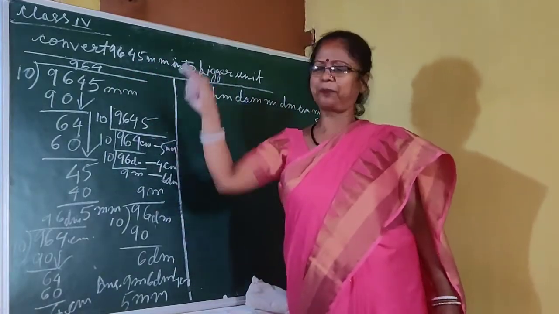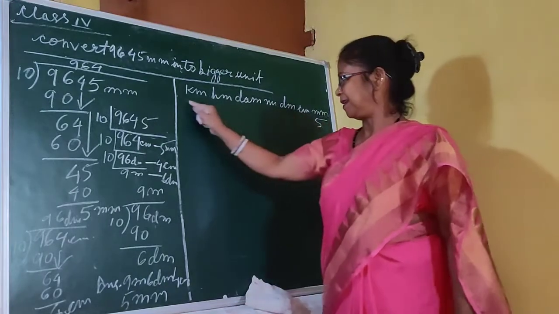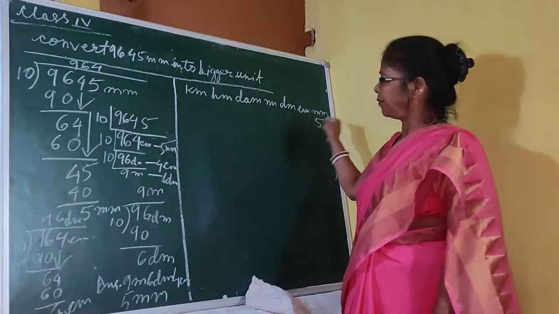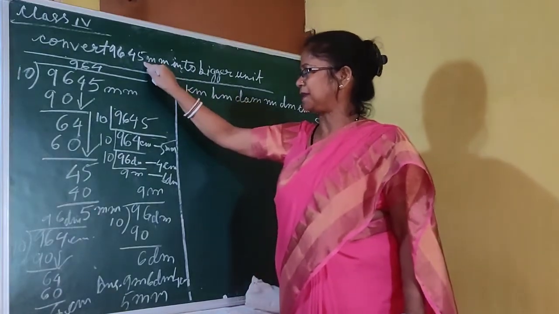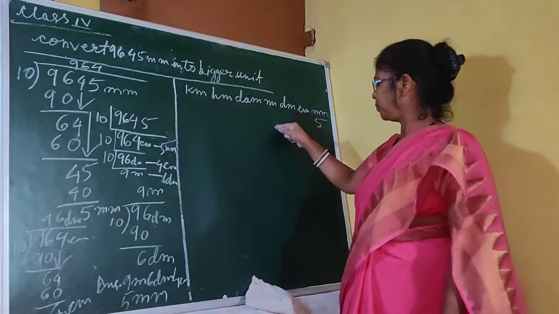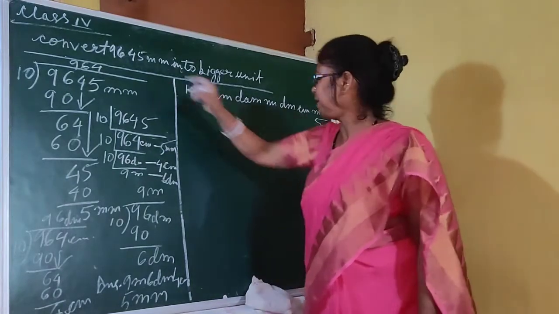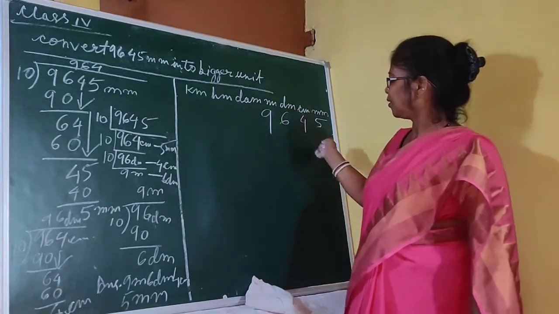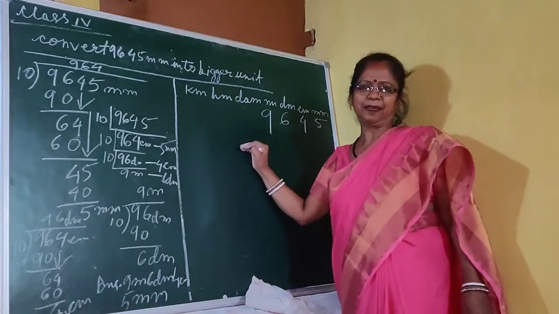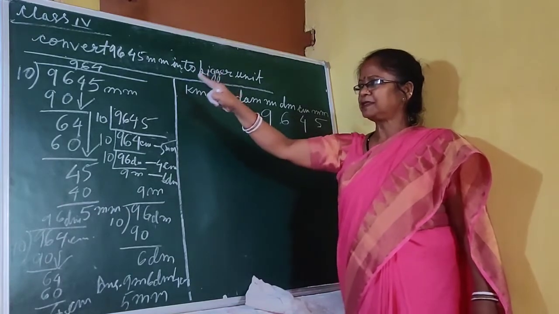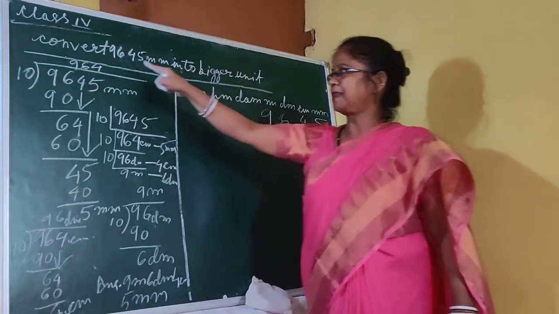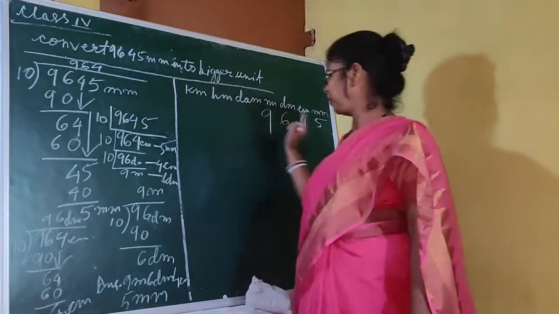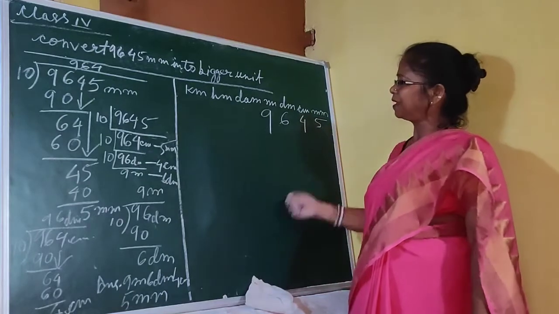I put only the value numbers in the table. I start from the unit place, that means the millimeter place, and put serially 5, 4, 6, 9, because the number given is 9645. If it were 9605, then here there would be a 0. I put the 0 according to the number. So it is very easy.